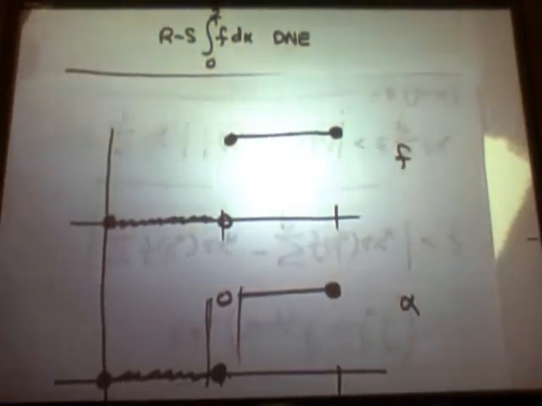Well, what makes the integral not exist? It doesn't approach a limit. What makes it not approach a limit? Given two partitions with small norm, they're not close. Remember, that was our condition.